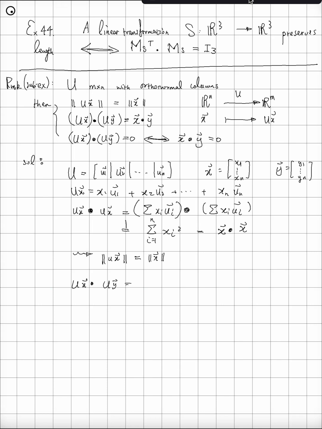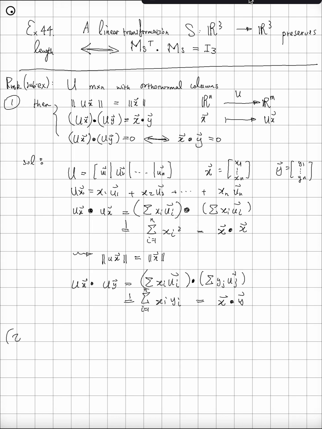We'll have the summation of xi ui dot product with the summation of yj uj, and again by orthonormal basis ui we have the summation of xi yi, i from 1 to n, and this is exactly the dot product of x with y. Okay, let's call this the first part.